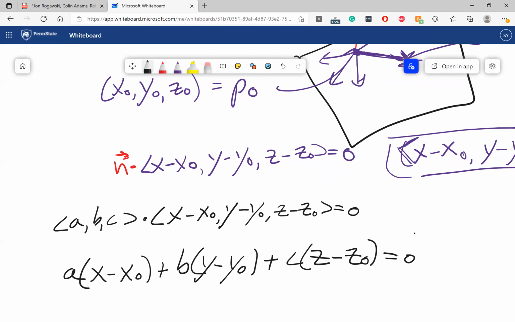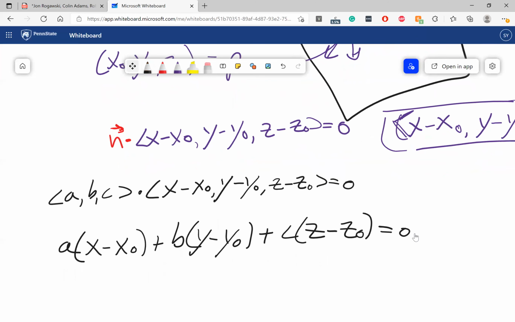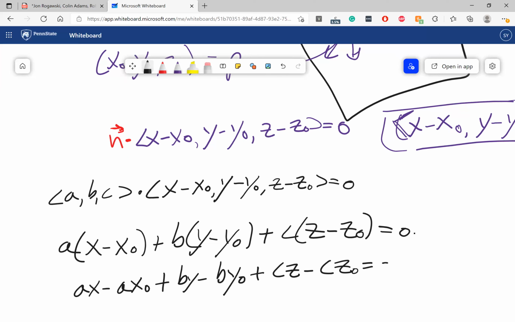And now if I write this out, what I get is ax minus ax0 plus by minus by0 plus cz minus cz0 is equal to 0.